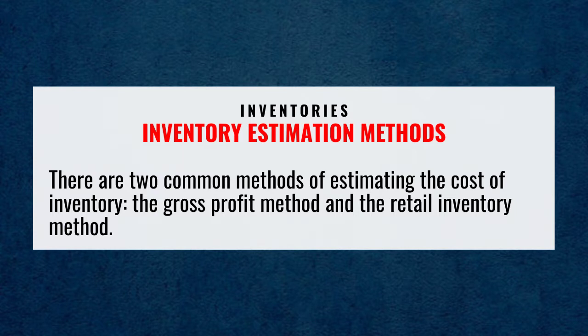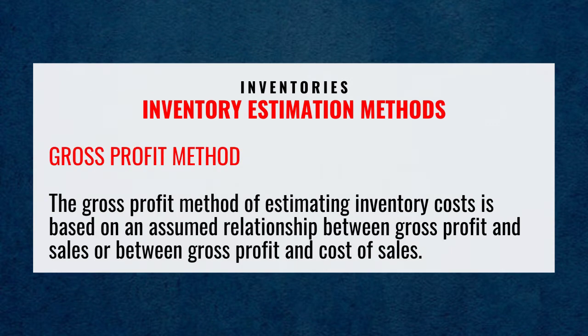These are two common methods of estimating the cost of inventory: the gross profit method and the retail inventory method. Gross profit method. The gross profit method of estimating inventory costs is based on an assumed relationship between gross profit and sales, or between gross profit and cost of sales.